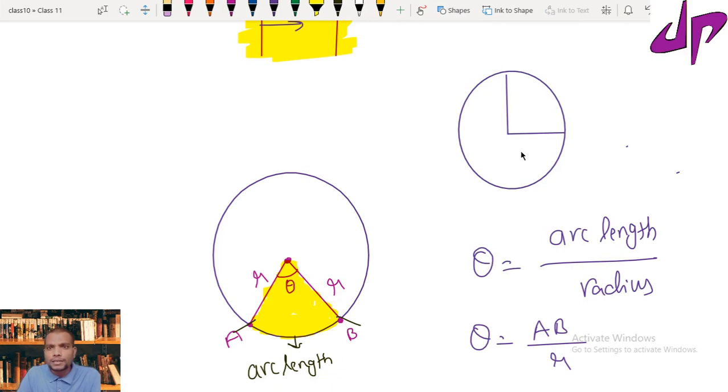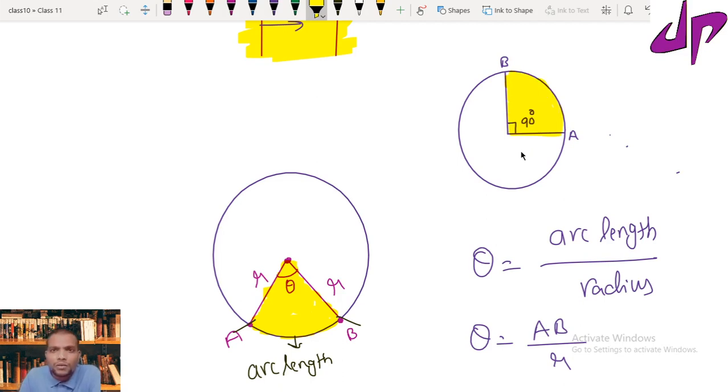By elementary knowledge, 90 degrees means nothing but from A to B. 90 degrees means this much portion.